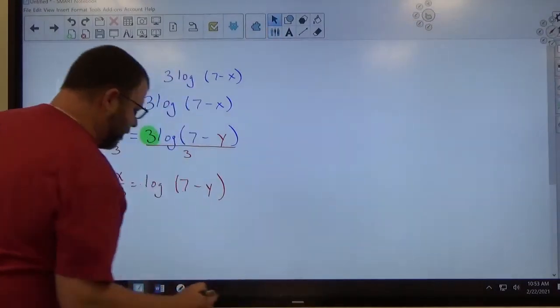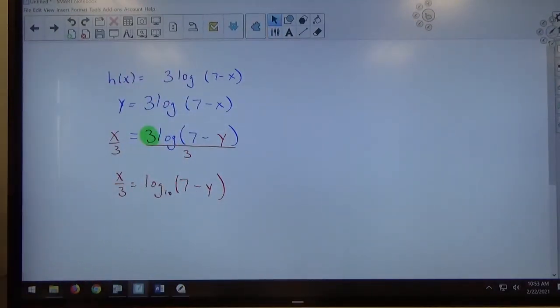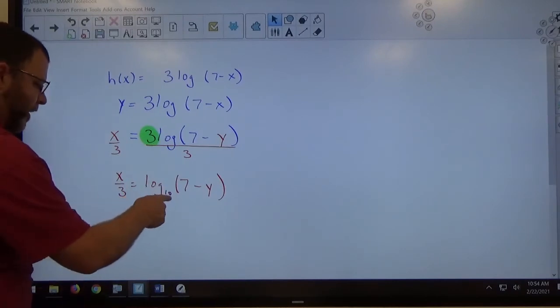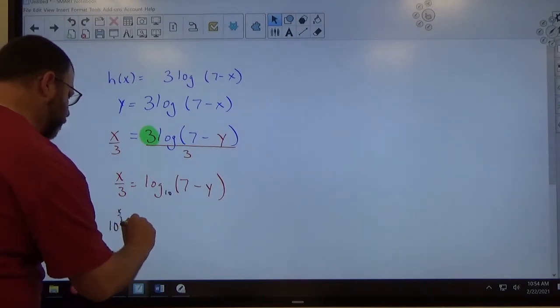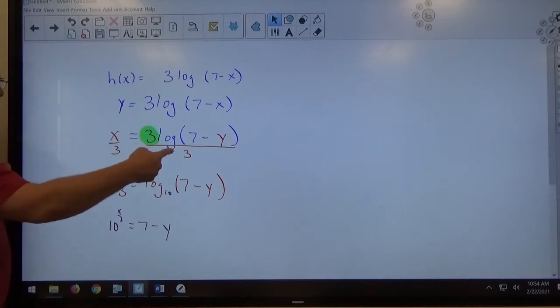I might, just for the sake of being able to see it, write my base 10 in. Because it is a base 10 logarithm, it's understood to be base 10, right? So now when I rewrite it as exponential form, it's going to be 10 to the x over 3 power equals 7 minus y. So again, because the 3 is there, I got to divide by 3 first.